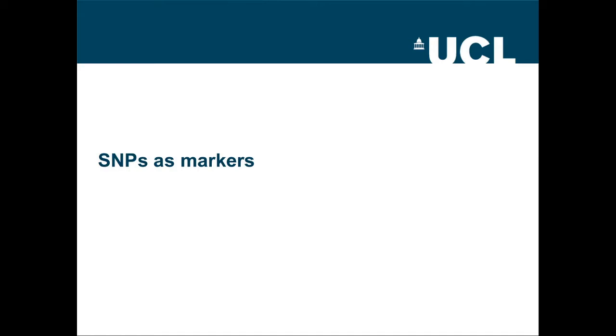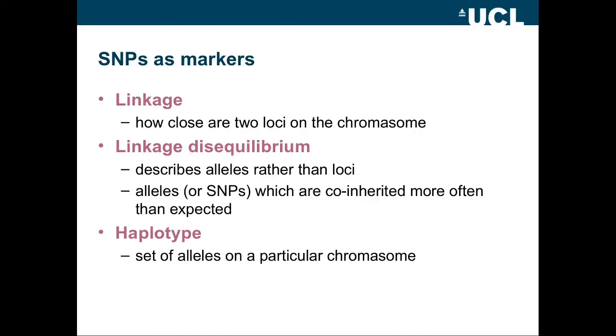So let's look at some of these applications. First of all, SNPs as markers. Again, we'll define a few terms. Linkage is how close two loci are on a chromosome. And linkage disequilibrium, which refers to alleles rather than loci, refers to the fact that alleles, or SNPs, which are co-inherited more often than expected, are closer together on the genome.